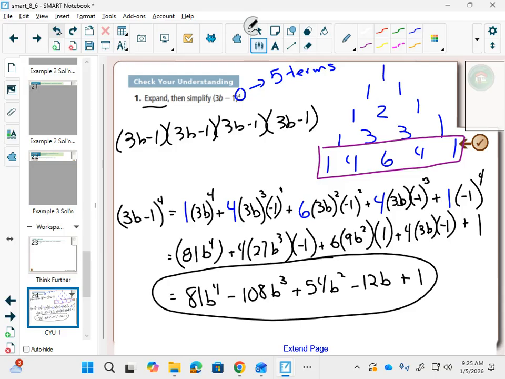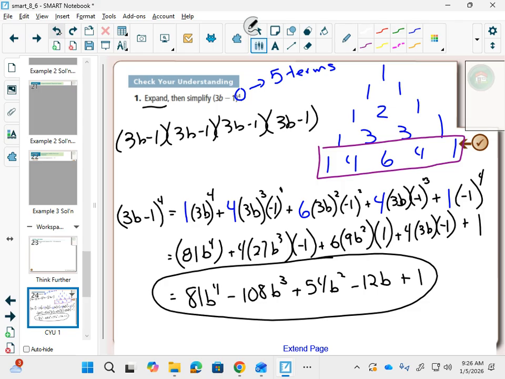So one type of question is this, expanding it completely. Okay? Sometimes they'll ask questions, like I've seen multiple choice questions that say, hey, if you expanded 3b minus 1 to the 4th, how many terms would be positive? 1, 2, 3 of them are positive. 2 of them are negative.